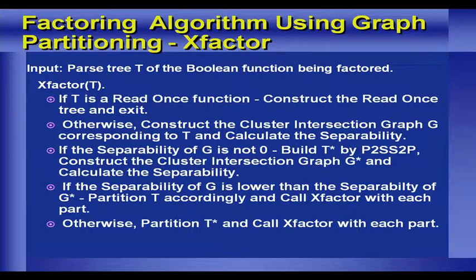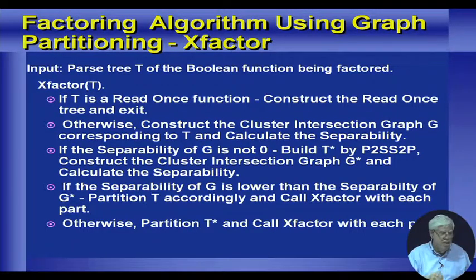If it's not a read once function, then I'm going to have to do something, and what I'm going to do is to split the graph into 2 parts and work on it recursively, but not exactly. Otherwise, I'm going to, first of all, construct the cluster intersection graph corresponding to T, which we showed, and I'm going to calculate its separability.